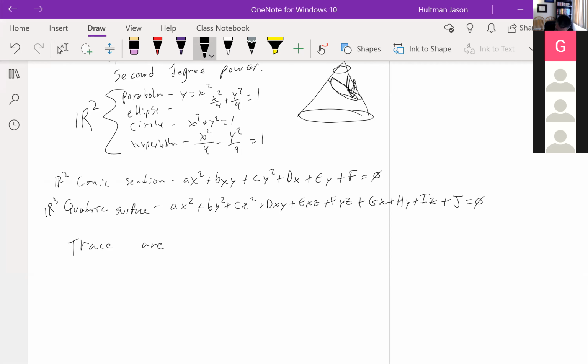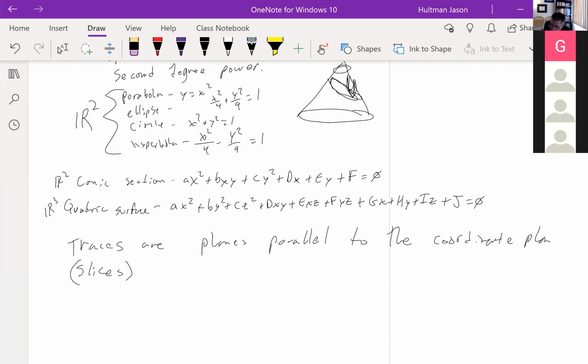Okay, traces are, think slices, planes parallel to the axes, to the coordinate planes.